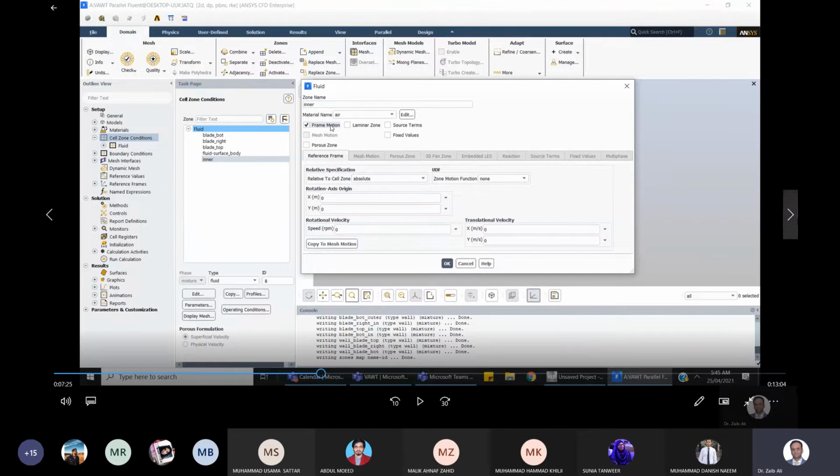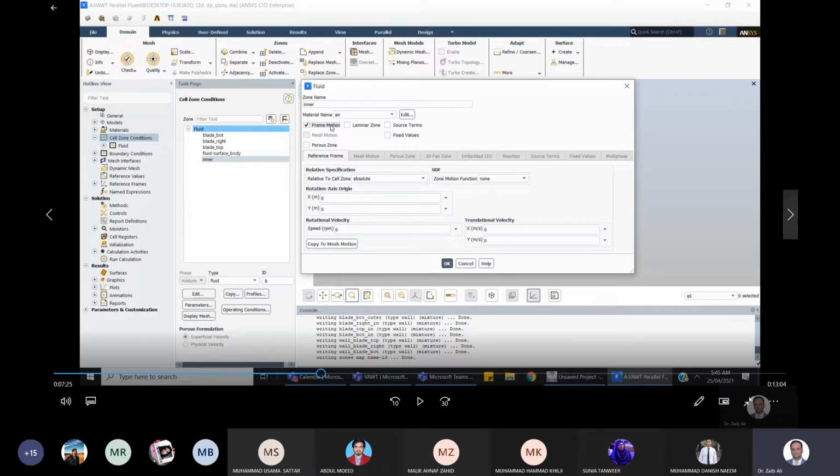Now, because we have a number of separate zones, for example 3 blade zones, a hub zone, and then the overall zone, which is the far field, we need to specify the properties of each zone.